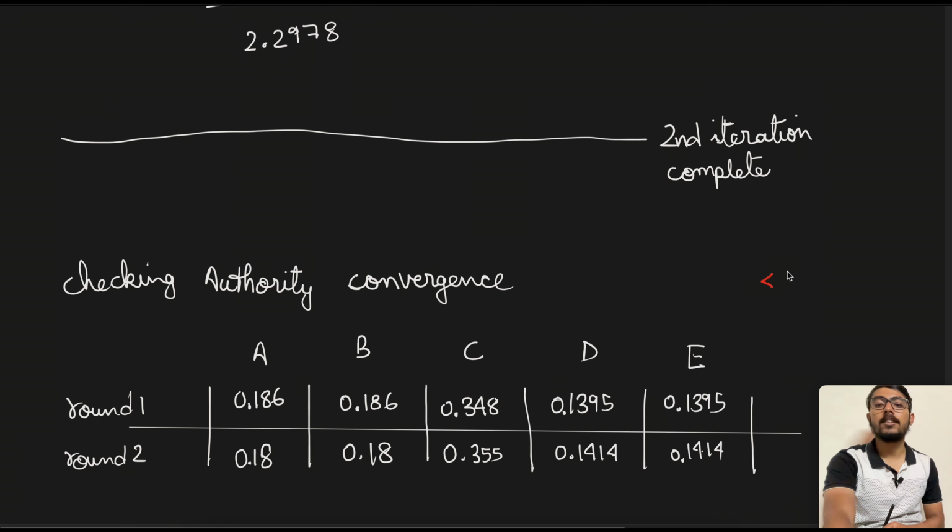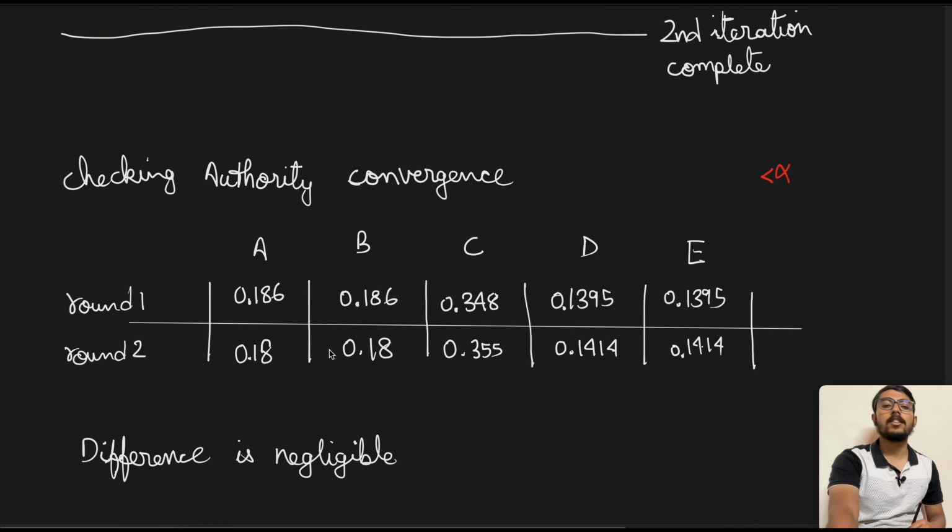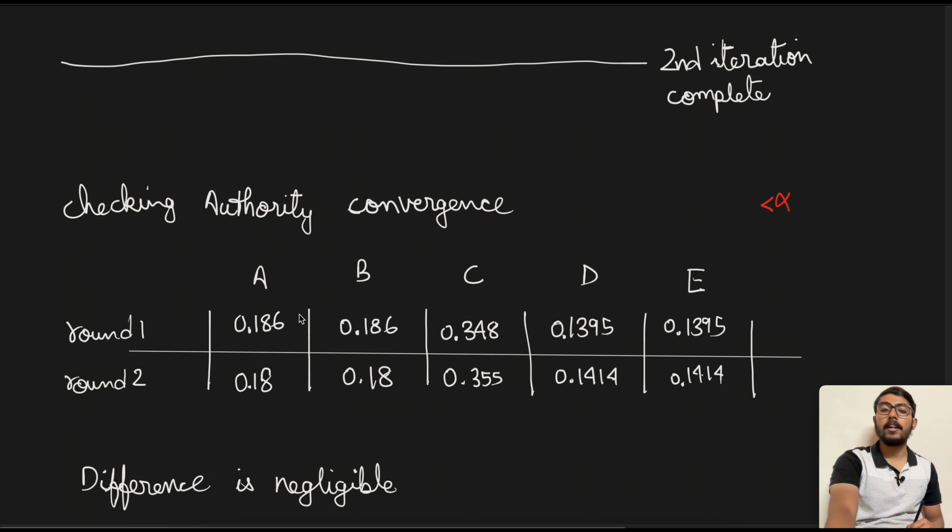So if the difference is less than alpha and alpha is given in the question, then we can say that the convergence is achieved and the values are no longer changing, right? But if in the question the value of alpha is not given, then you can assume it on your own if that is allowed. Similarly, we check that this difference is negligible, so we stop here. But as I just explained, we can go with third and fourth iteration in the exact same fashion as we have done so far.